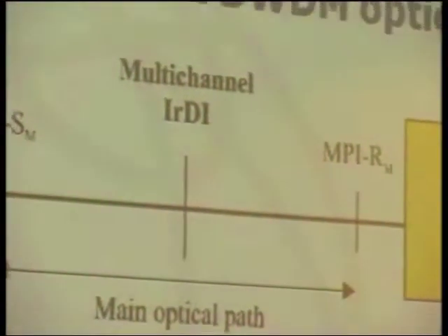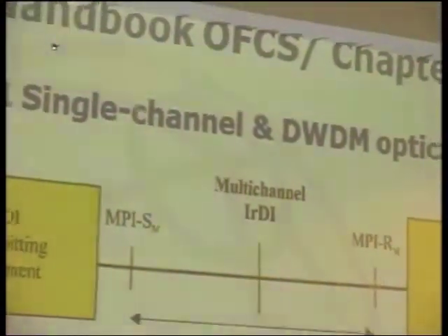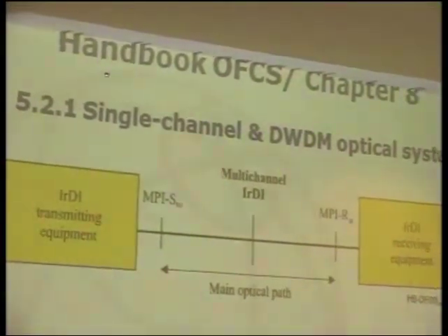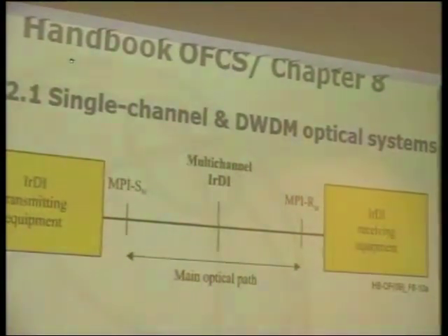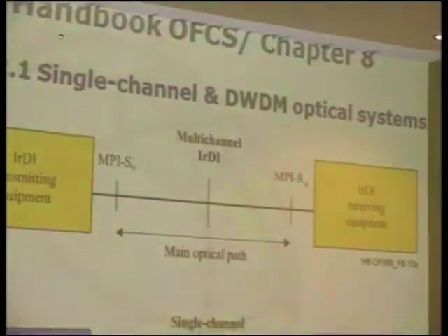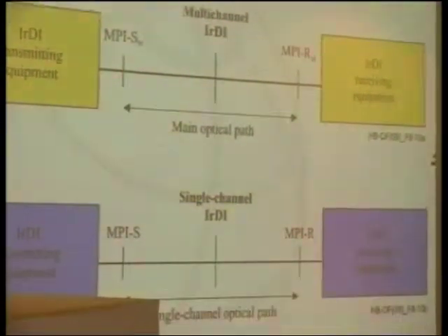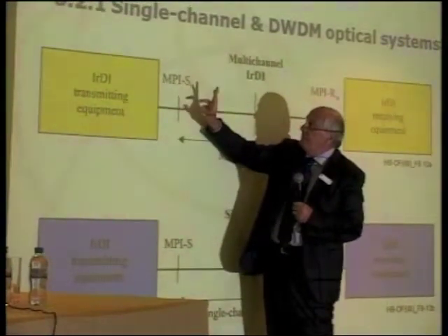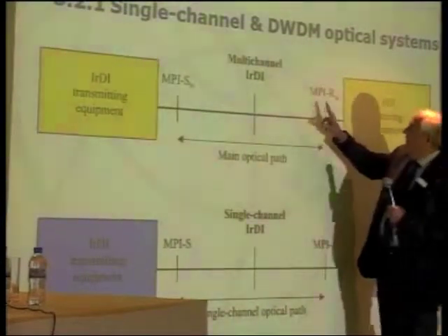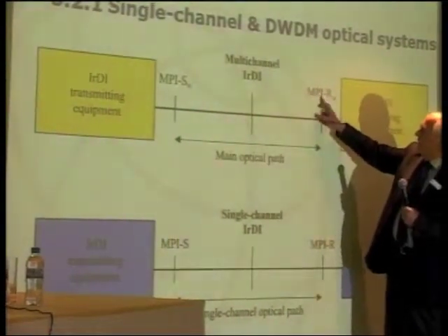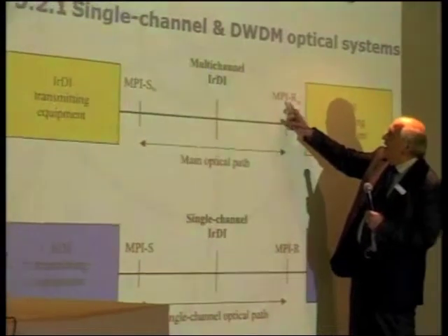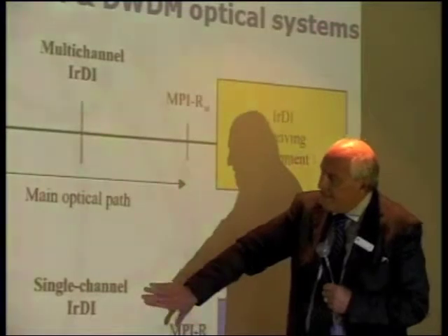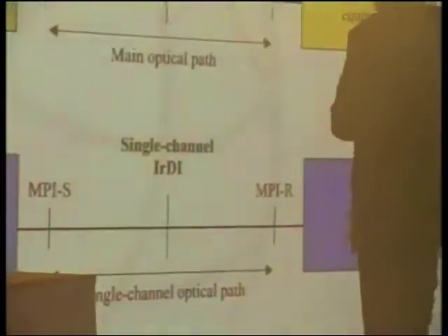The two interfaces are called main path interface sending point multi-channel, main path interface receiving multi-channel. Same for the single channel.